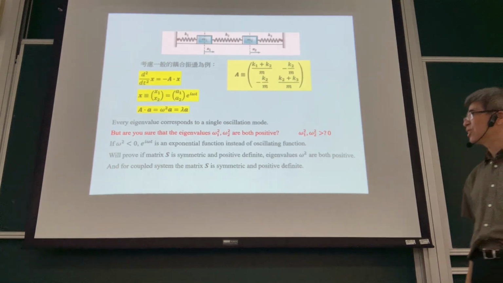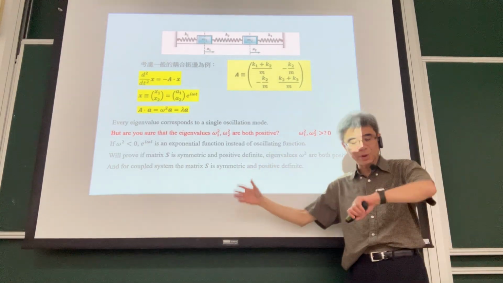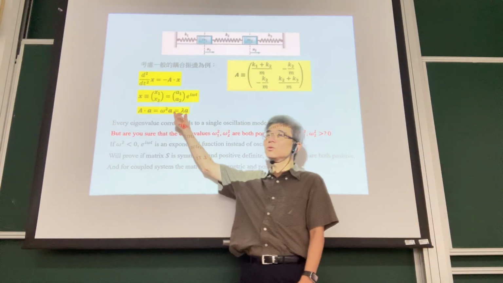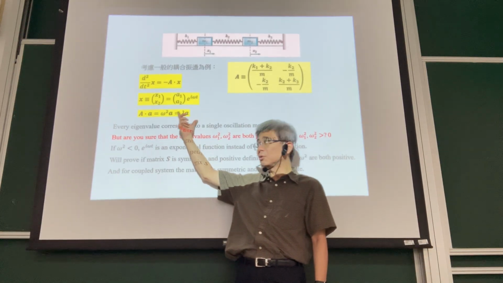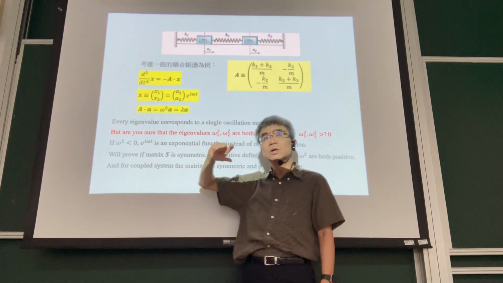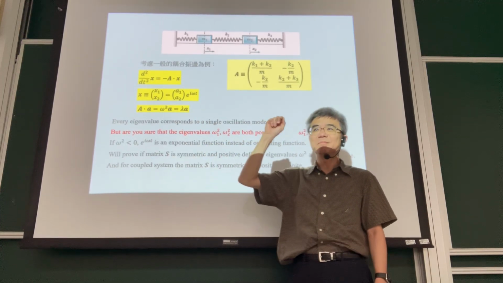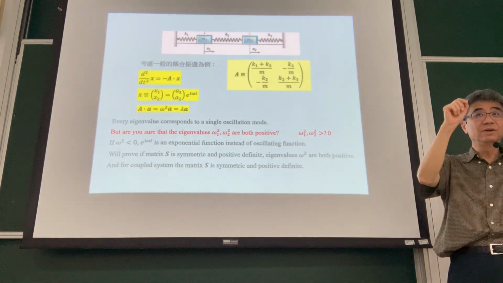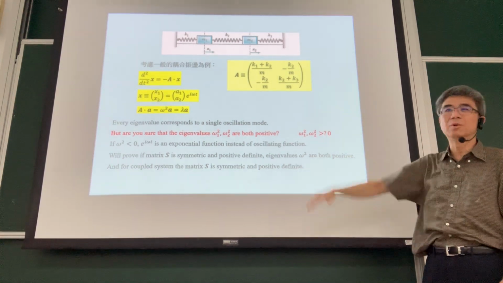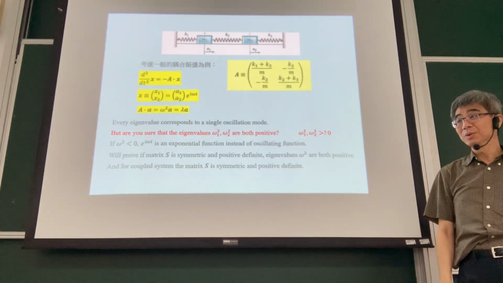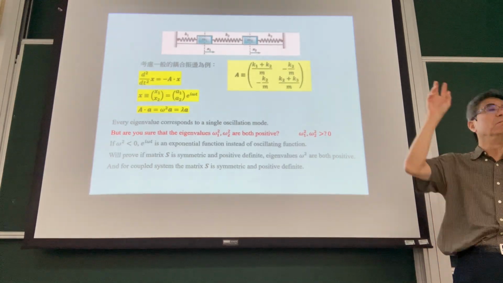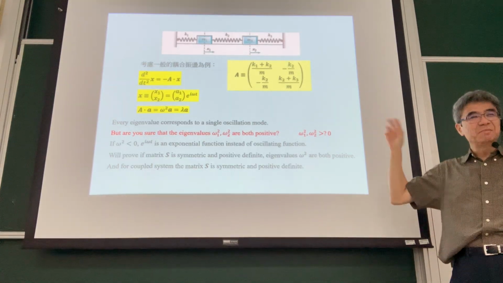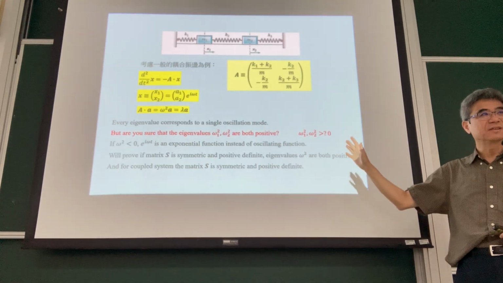So our task in the following 1 hour, maybe half an hour, is to prove that the eigenvalues I got, lambda 1, lambda 2, are all real and positive. Otherwise, this formalism doesn't work. Got my point? That's a very, very important mathematical question. It's not just a physical question. Mathematicians better help us to solve this.